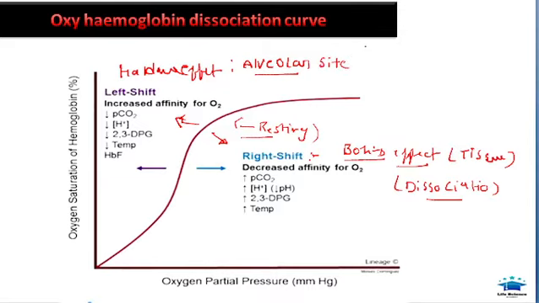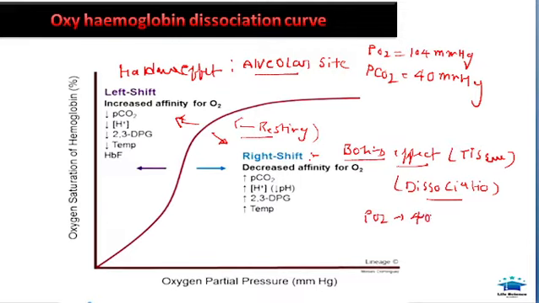Remember, at the alveolar site the pressure of oxygen is 104 mmHg and the pressure of CO2 is 40 mmHg. In contrast, in Bohr's effect the pressure of oxygen decreases to 40 mmHg and the pressure of CO2 increases to 45 mmHg.